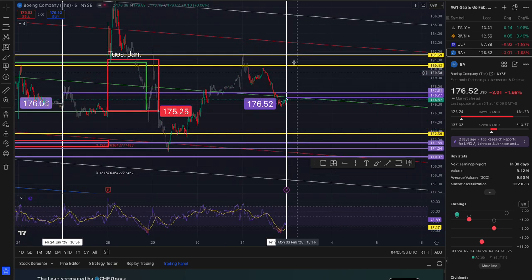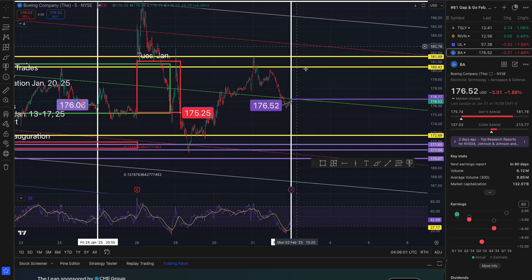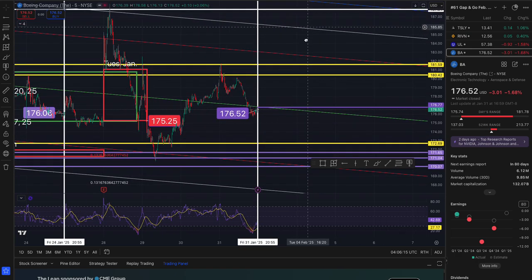Okay, so that was last week. This week, I'm just going to delete it. It's too close to each other. I don't want to see it. That just gives me a reference point if we go sideways. This could be a support or resistance, as well as this line. This is where price will kind of hover, but if we go sideways, I'll anticipate it to go this direction for the middle of the trend.